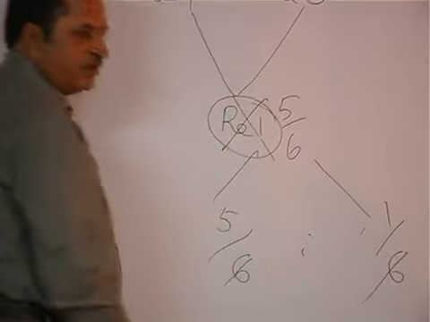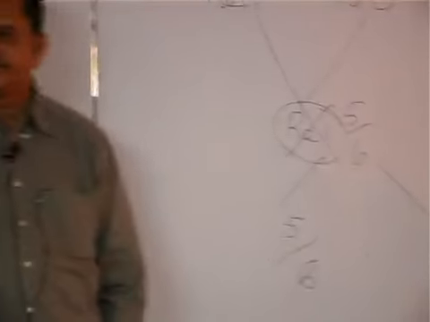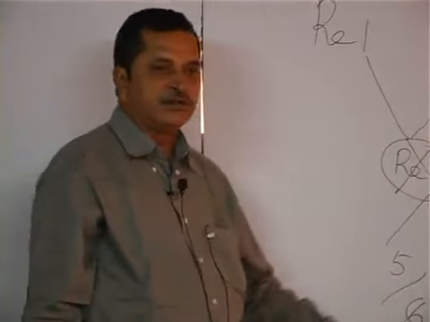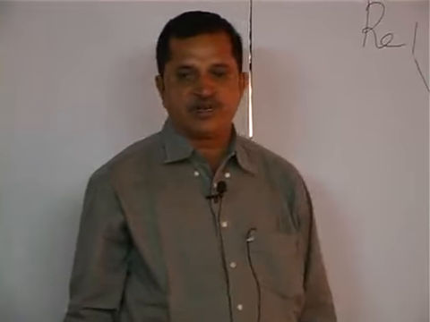Ratio means 5 is to 1. In what ratio should he mix milk and water? He should mix milk and water in the ratio of 5 is to 1 to gain 20%, even though by selling the goods at cost price.